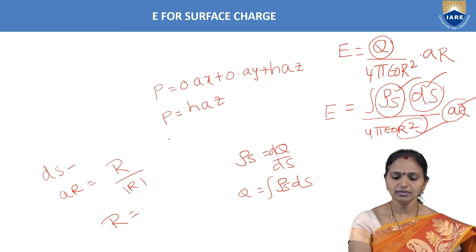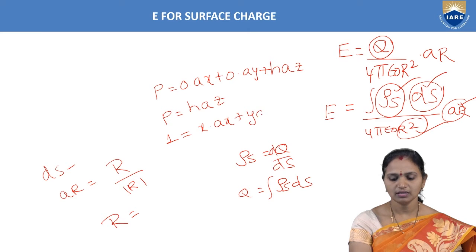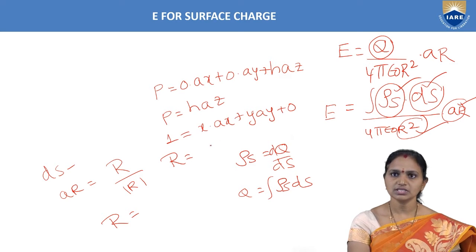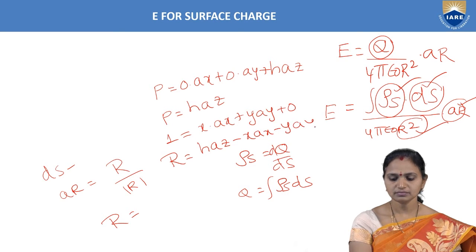Now the source point in vector form: the source point here is point 1, which is in the xy plane. So (x, y, 0) is the point, and in vector form it is x ax plus y ay plus 0. To get the displacement vector r, we take the difference between the field point and source point: h az minus x ax minus y ay.